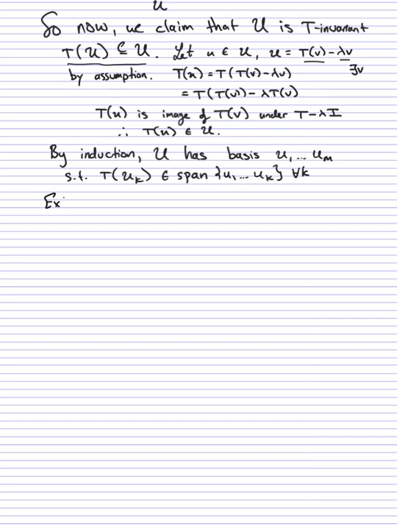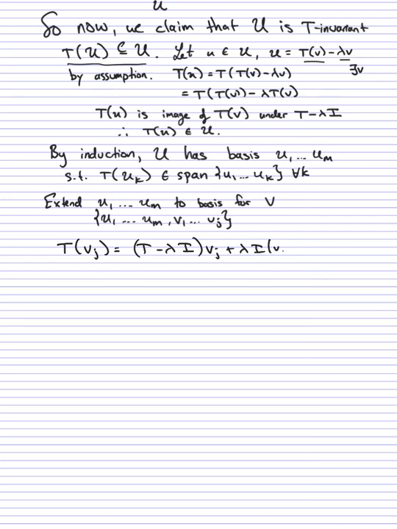Well, now we can just extend this to a basis for V. So extend u1 up through um to a basis for V, and we claim that this works. I'll say u1 up through um, and then v1 up through vj is our new basis for V. Well, then T of vj is T minus lambda I of vj plus lambda I of vj.